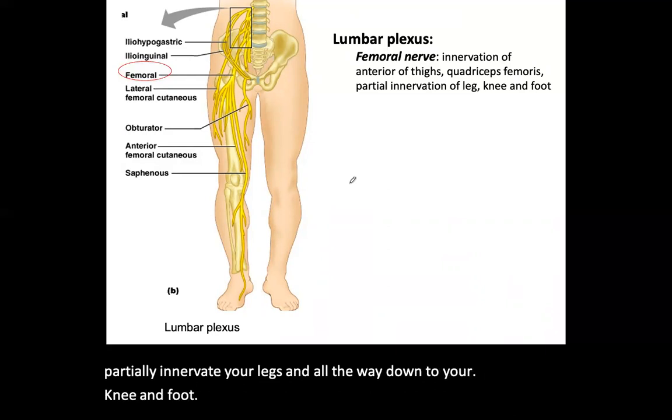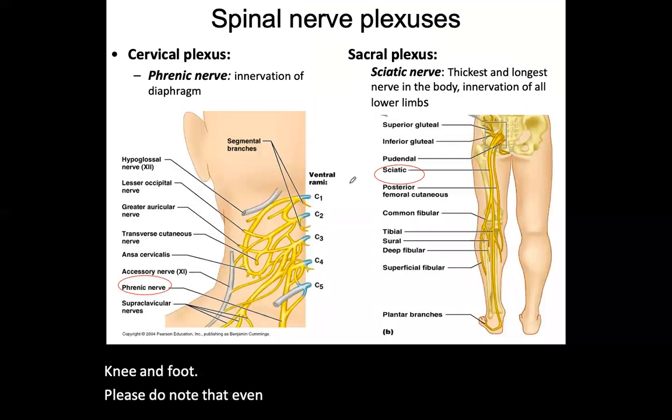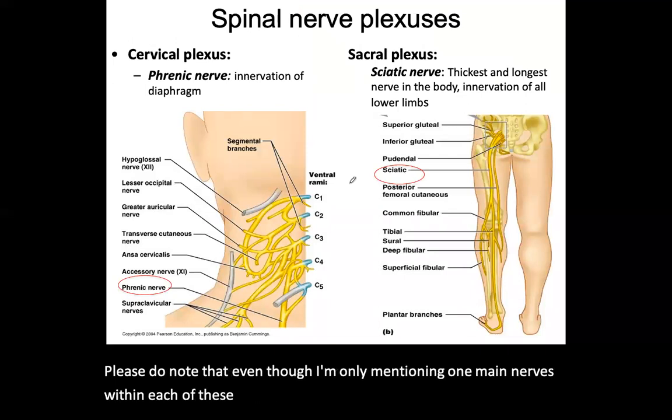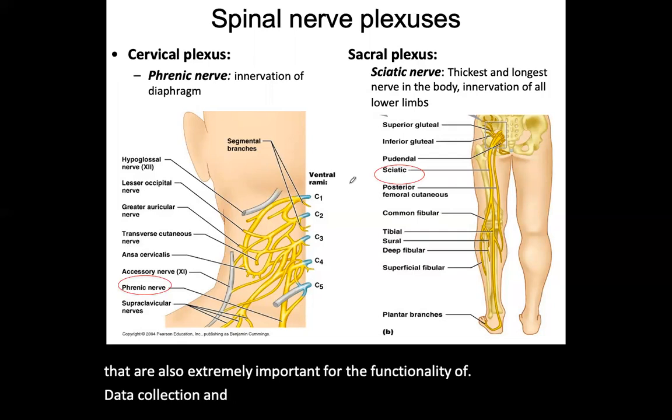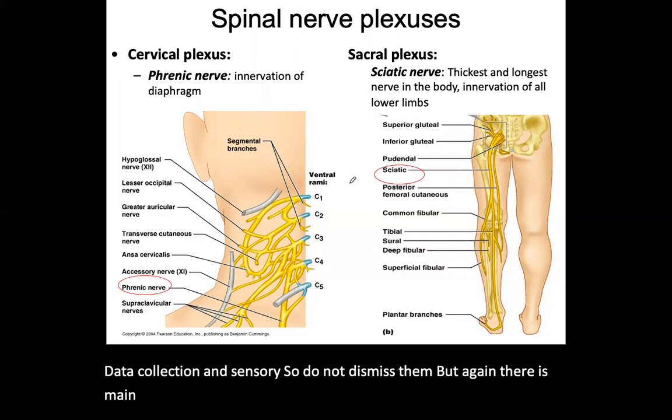Please do note that even though I'm only mentioning one main nerve within each of these plexuses, there are definitely other nerves that are also extremely important for the functionality of motor and sensory data. So do not dismiss them, but again, there are main ones that I have highlighted for you here.